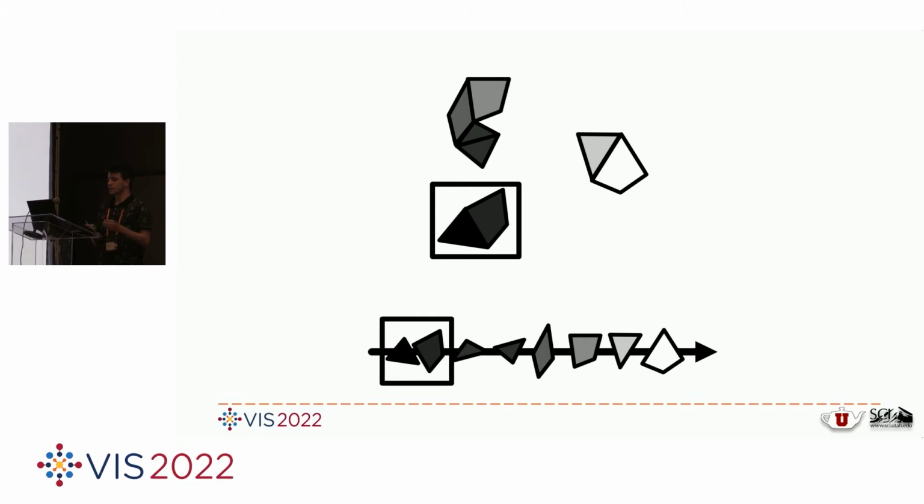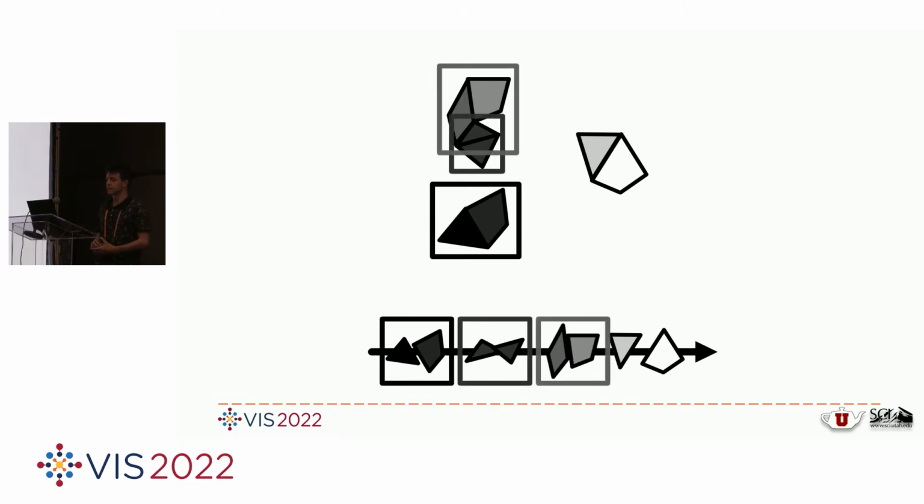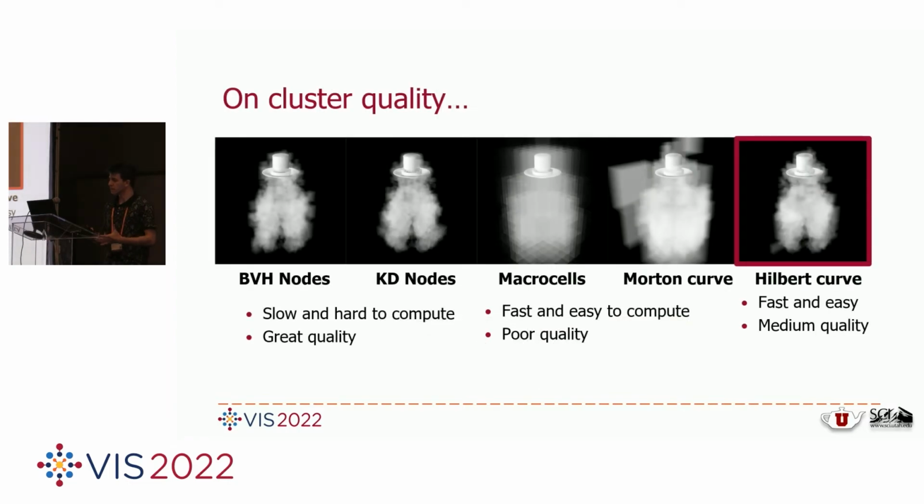This allows us to very quickly cluster neighboring elements together in order to solve our two challenges. In terms of cluster quality, these Hilbert clusters aren't perfect, but they're fast and easy to compute. We can do this sort along a Hilbert space-filling curve using something like a parallel radix sort on a GPU. Then the clusters are medium quality, and that's good enough for us to solve the challenges that we're facing.